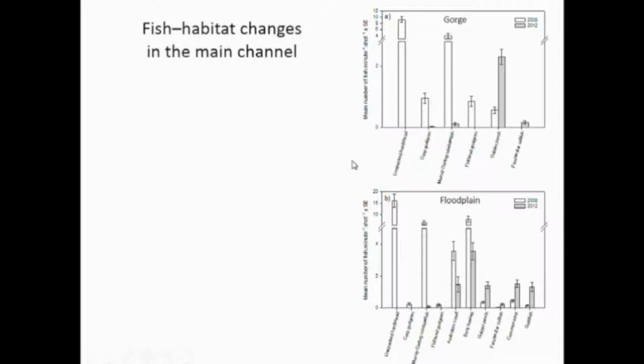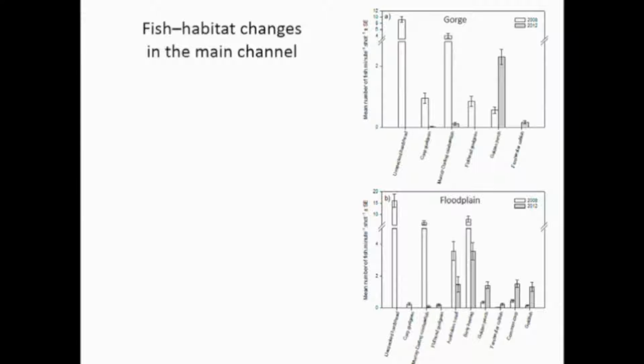Now, the fish assemblage in the main channel and habitat both changed, and it occurs in the gorge section and the floodplain section. This white bar shows the drought period, the relative abundance of these small-bodied fish and mostly large-bodied fish on this side. The gray bar shows abundance after the flood.